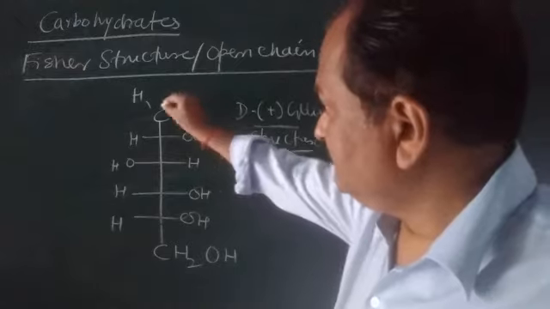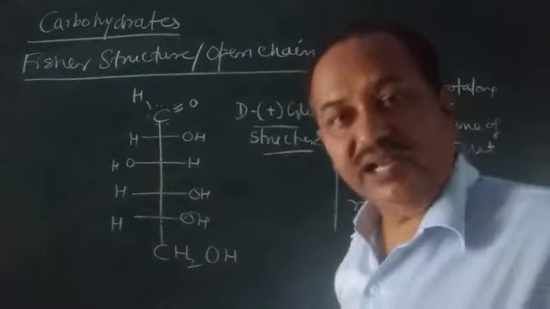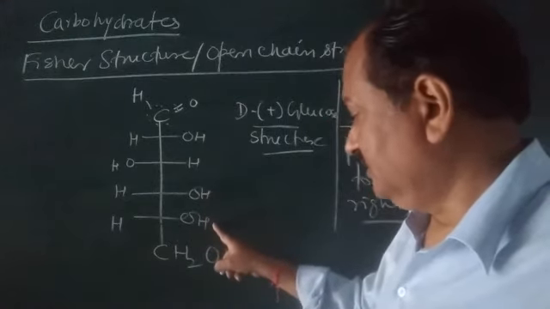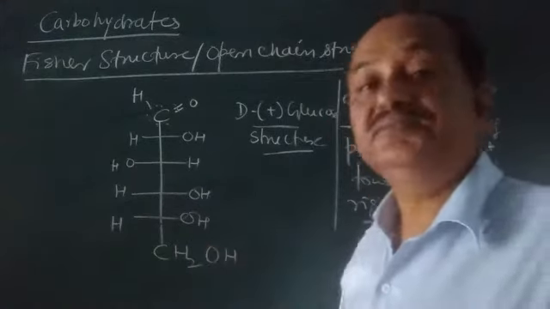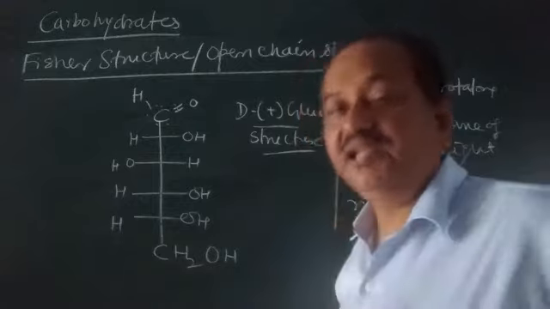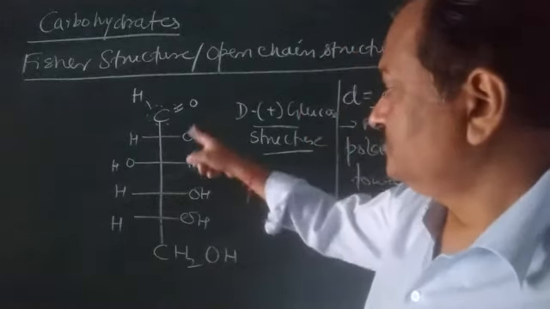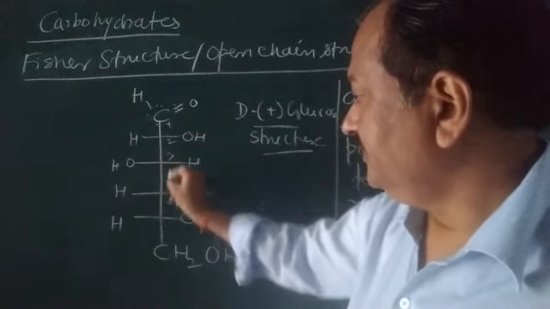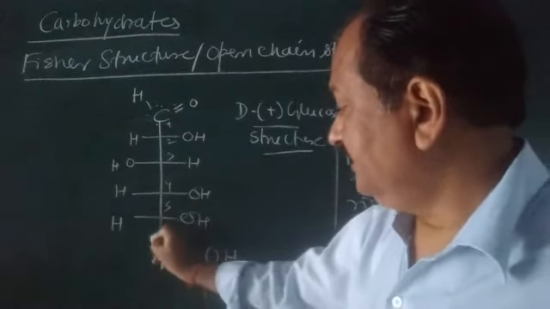See, this is the carbonyl group, then one OH, another OH, third, fourth, and fifth. So it has 5 OH groups, and this is carbon 1, 2, 3, 4, 5, and 6.